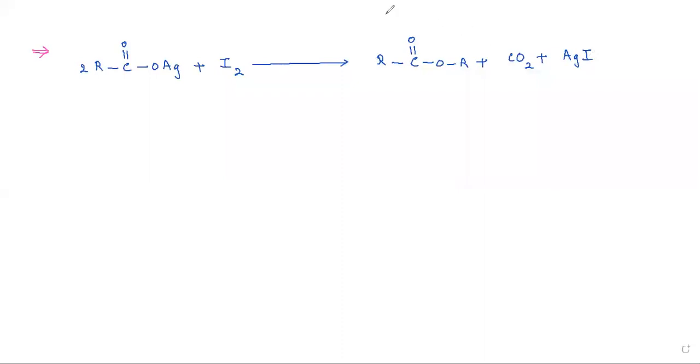See, even here it is said that if they are taken in 1:1 ratio, we get an alkyl halide, but when taken in 2:1 ratio, we get an ester. Okay, that is also given. Let us take this one into consideration for now.